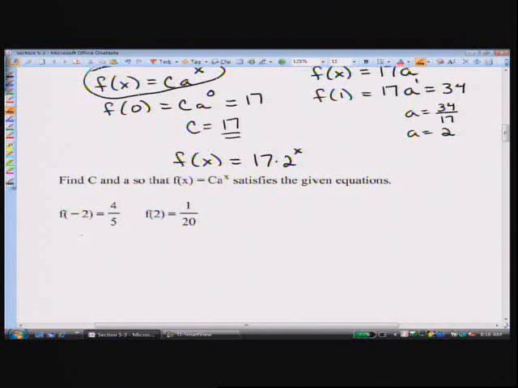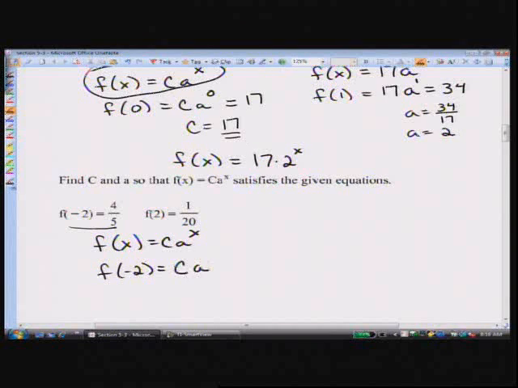All right, we're again going to use our formula f of x equals C A to the x. And if I do the first expression here, I'll know that f at negative 2 is equal to C times A to the negative 2, which is equal to 4/5.